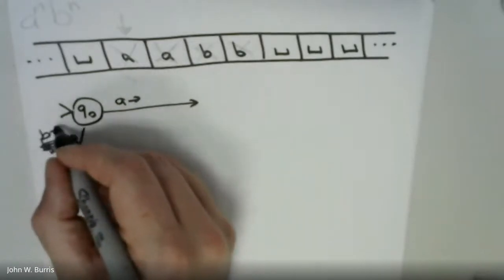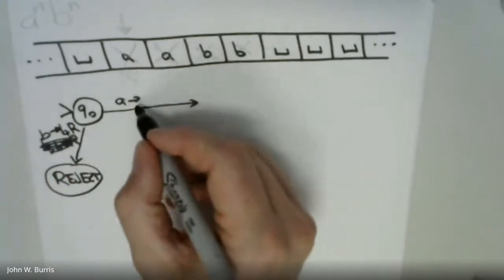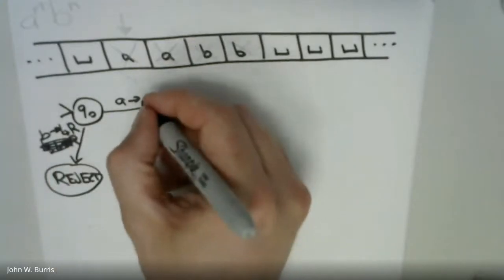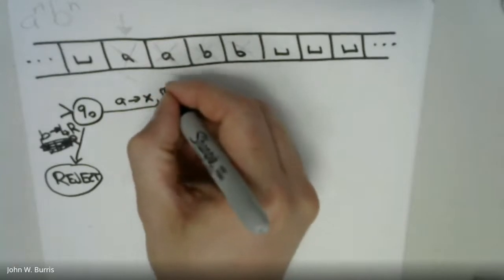Read a B, write a B, and move right. We read an A, we can write an X and move right.